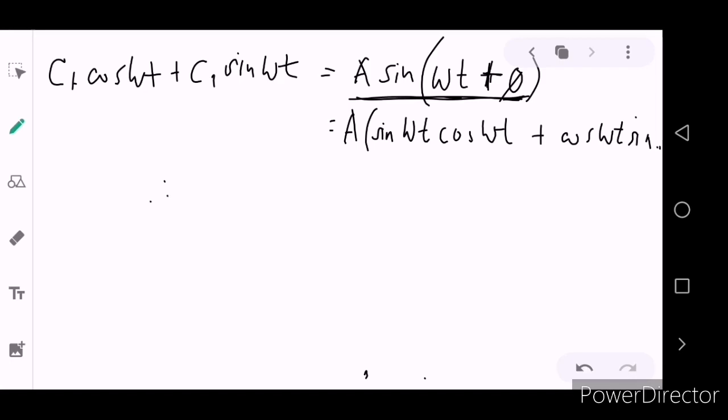Therefore, ang ating C1 could be equated sa amplitude sine theta, and ang ating C2 could be equated to amplitude cosine theta, or phase angle.